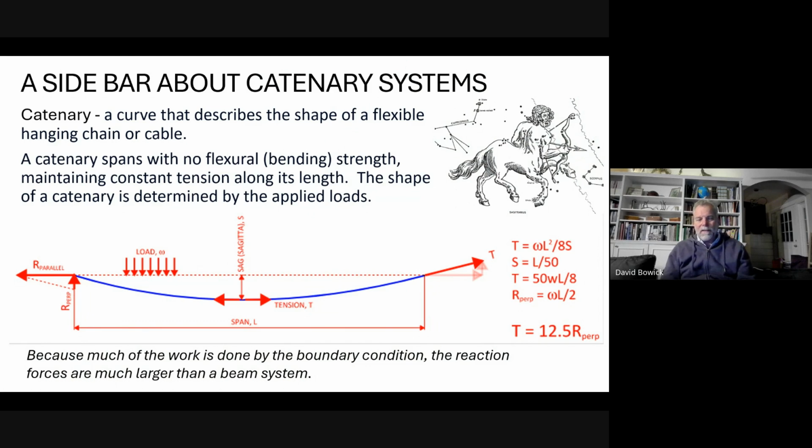Sagittarius was the mythical creature that had a bow and arrow. So when you think of Sagittarius, think of bow and arrow. That gives you a sense of the shape and where the name came from. The sag is the distance between the curved cable and the fictional straight line between the two boundary points.